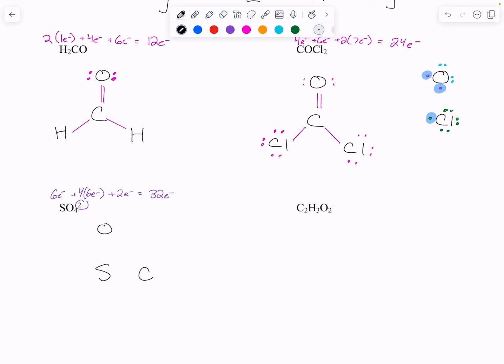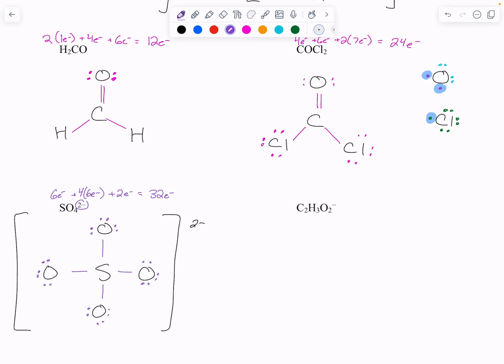4 oxygens. And our brackets. So this thing is 2 minus. 2, 4, 6, 8, 10, 12, 14, 16, 18, 20, 22, 24, 26, 28, 30, 32.